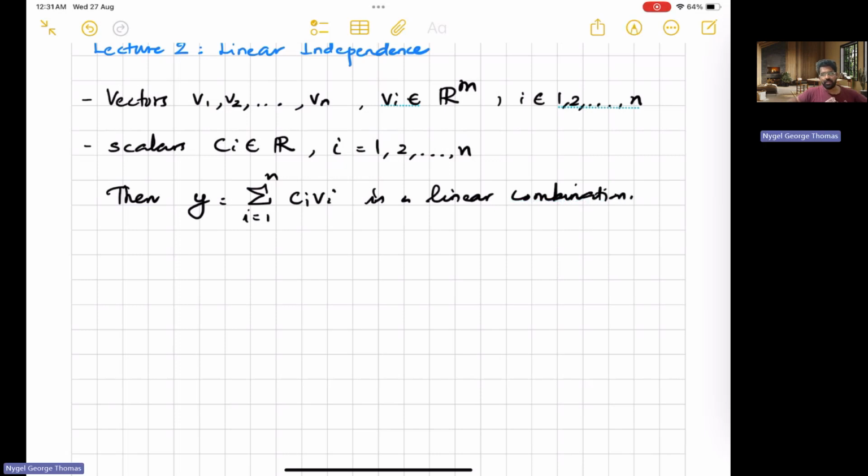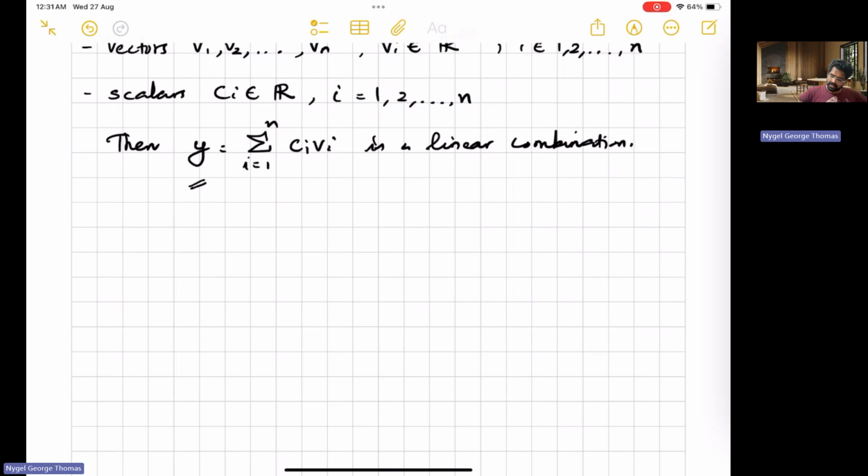So we can form a vector y by using the linear combination by scaling each vector by scalar ci and adding them all together. So it's the linear combination of these vectors which will give us another vector. So this is known as a linear combination of vectors.